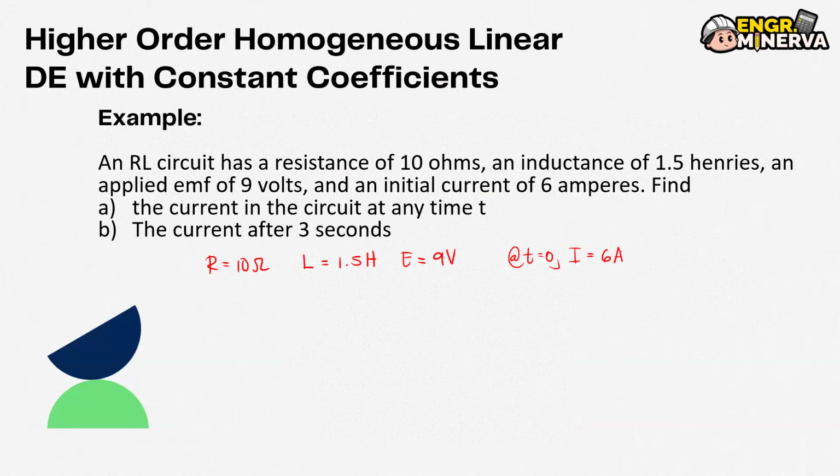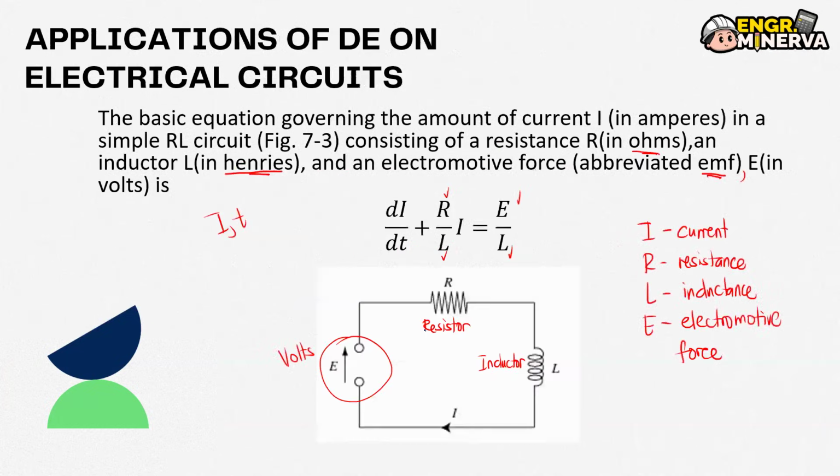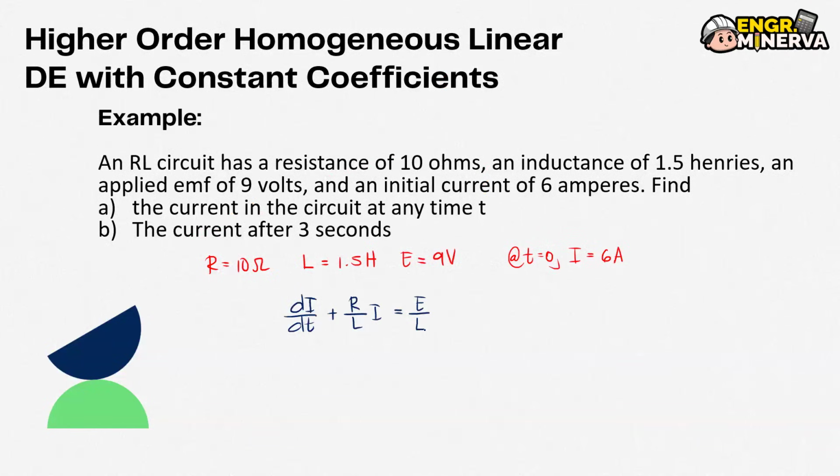With our formula, that would be di over dt plus R over L i equals E over L. That is our formula for your RL circuit, a resistor-inductor circuit. So let's substitute: di over dt plus the resistor, 10, over the inductor, 1.5 henries, times i equals E, which is 9 volts, over 1.5 henries.